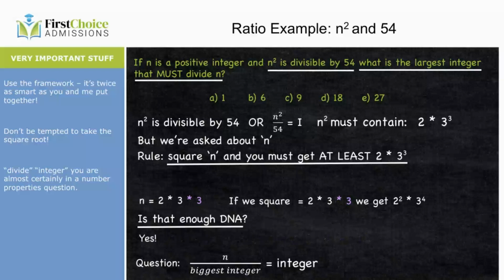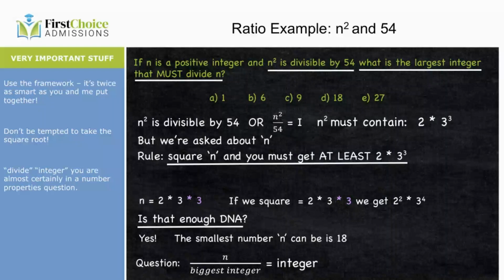Our job was to square n and get at least 1, 2, and 3 3's. We did that. And that is the smallest number n can be. 18 is the smallest number n can be, because if we take away any DNA from n, when we square it, we won't get enough 2's and enough 3's. The smallest number n can be is 2 times 3 times 3, which is 18.